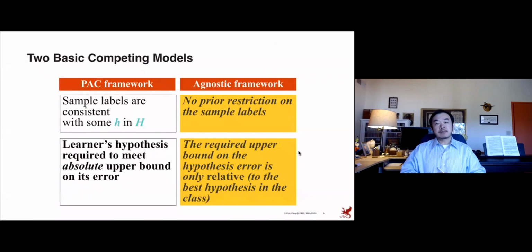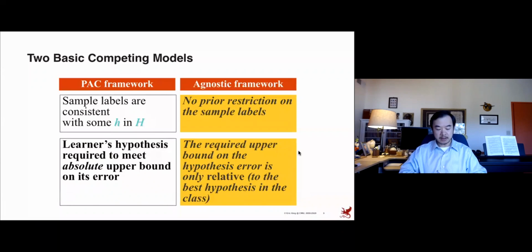And depending on how the H looks like, we will be landing on two analytic paradigms. One is known as the PAC-Learning framework. Here, we are assuming that in the hypothesis space H, there exists some little h which allows you to perfectly distinguish the training examples.